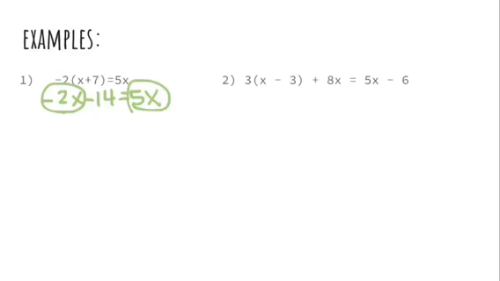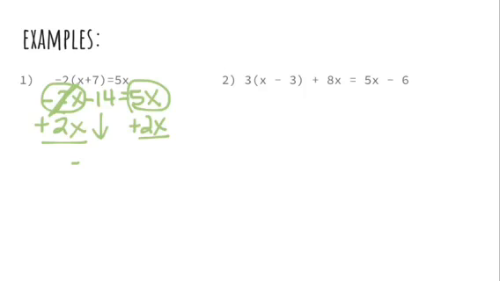I don't have any like terms to combine. I don't need to move that constant because there's no constant over here to combine it with. So I'm going to get rid of this minus 2x because that would make it so that -14 is by itself. The opposite of minus 2x is plus 2x.